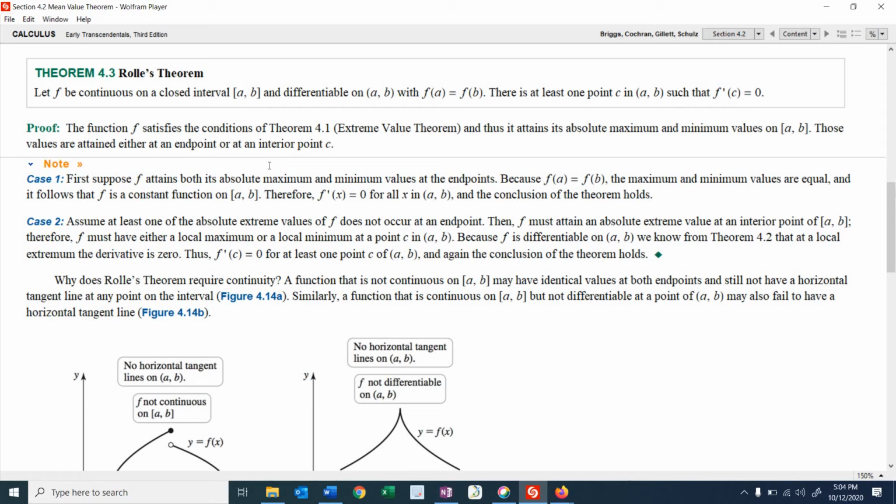In fact, it must be at a critical point in the interior between a and b. Even more than that, it must be at a turning point. It must be at a local maximum or a local minimum point. Let's call it C, somewhere on the open interval from a to b.